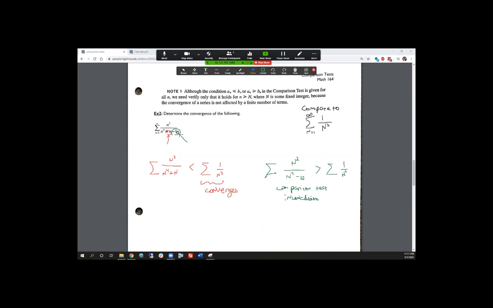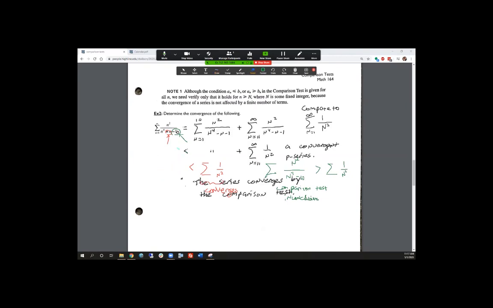So notice that when we have small n's like n = 0, 1, 2, 3, 4, 5, so when n is small, then that minus 10 has a fair amount of influence.